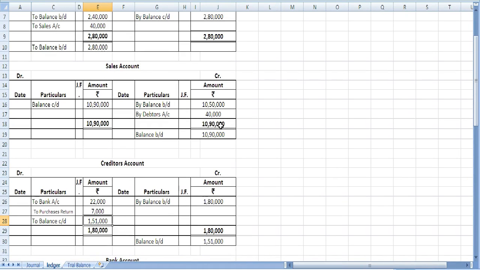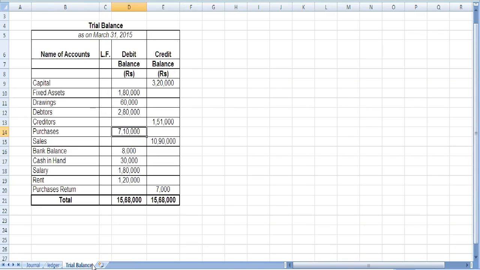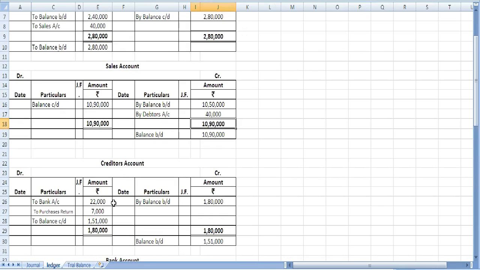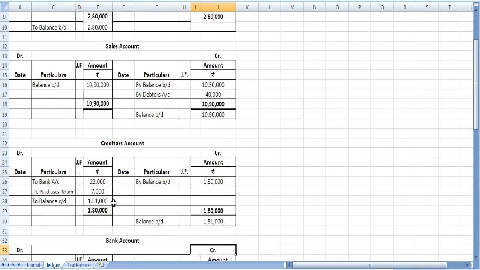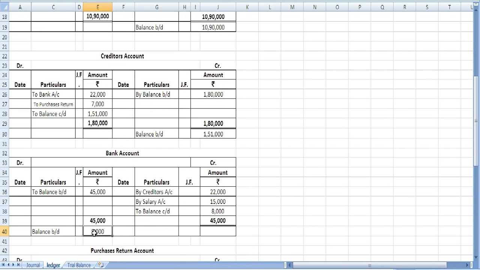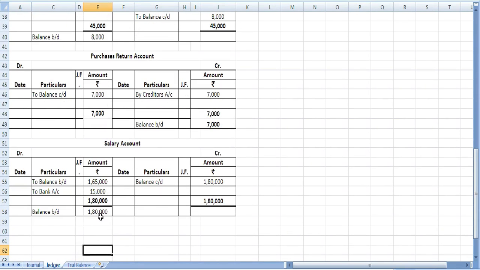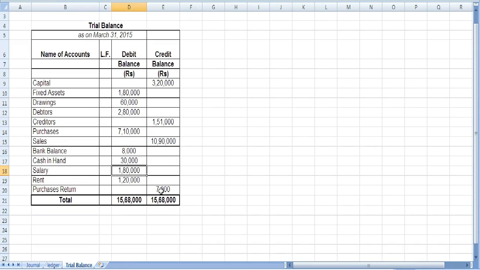Sales 1,90,000, and it is coming to 1,90,000. Bank balance also changed. Cash in hand no change. Salary also changed. Bank balance changed to 8,000, and salary changed to 1,80,000.